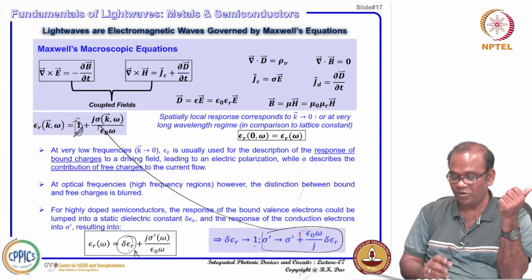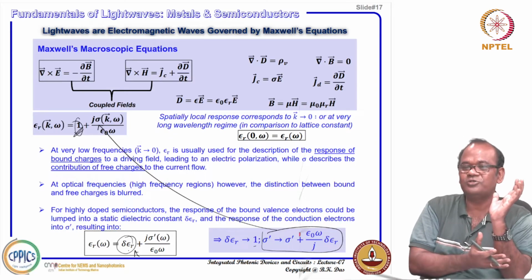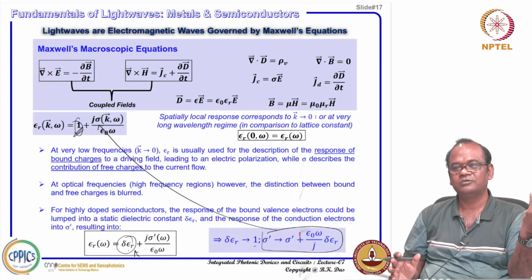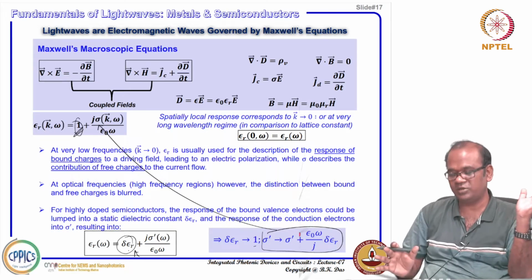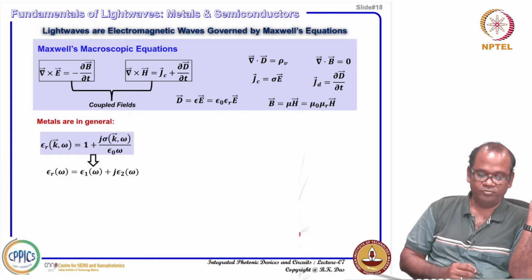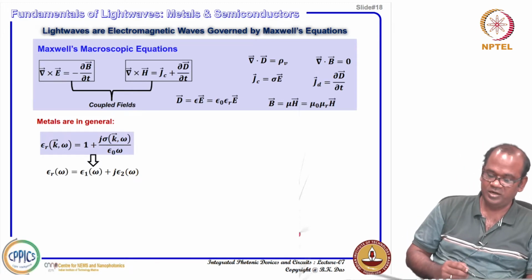So, you do not need to consider the additional epsilon_r because of the bound states, only your conductivity is changed. That is the whole idea, and some textbooks consider it this way. Okay. Now, for metals I will proceed a little further, it is a very interesting part.